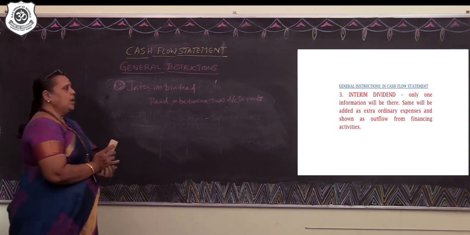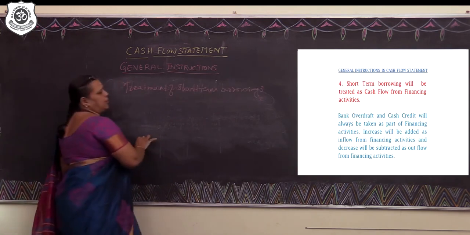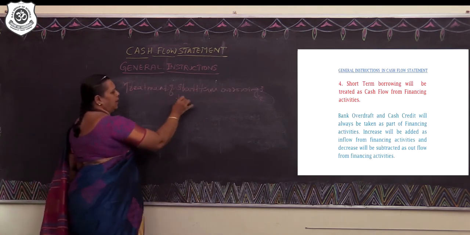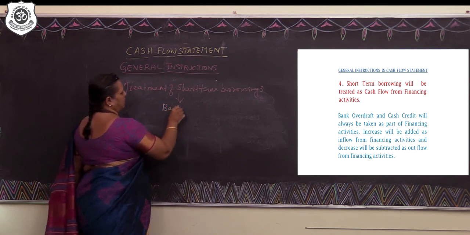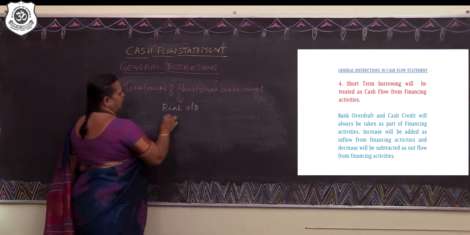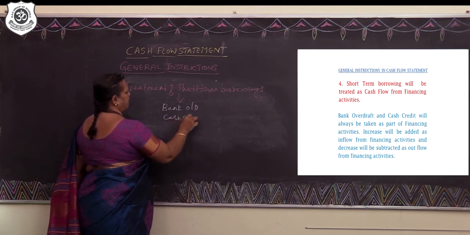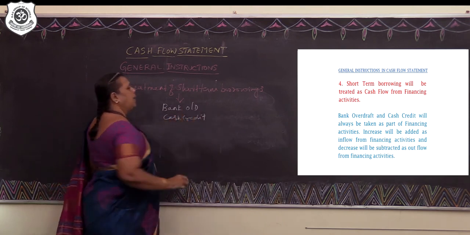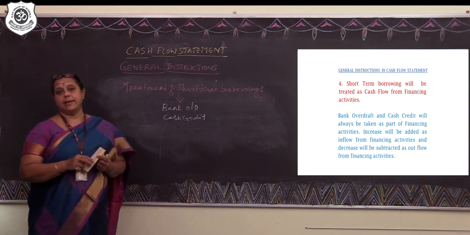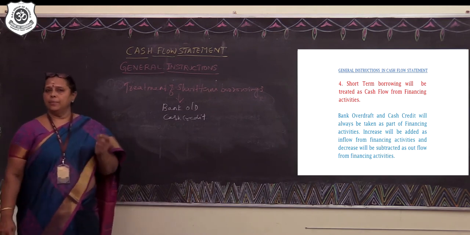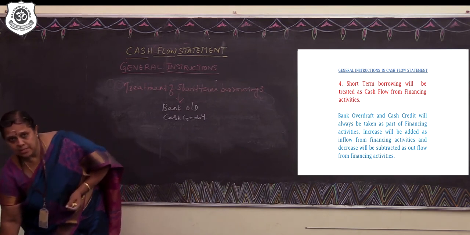Now, coming to the next one, treatment of short-term borrowings like bank overdraft and cash credit. Bank overdraft and cash credit are not treated as current liabilities as far as preparation of working capital changes is concerned.